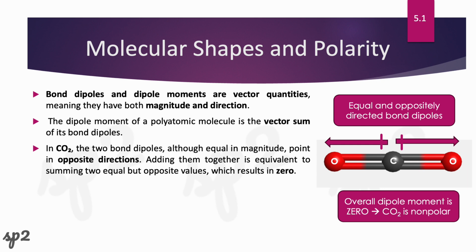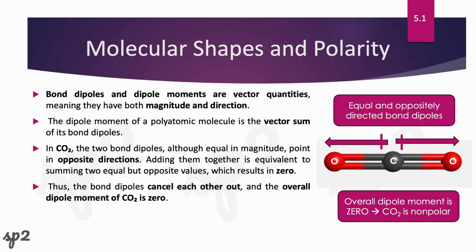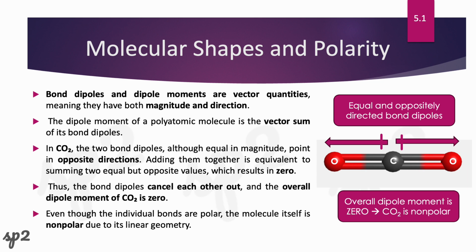Although they have the exact same magnitude, they are pointing in opposite directions. So if you add them, they give us zero. Therefore, the bond dipoles cancel each other out, and the overall dipole moment of CO2 must be zero. Even though the individual bonds are polar, the molecule itself is nonpolar due to its symmetrical linear geometry.